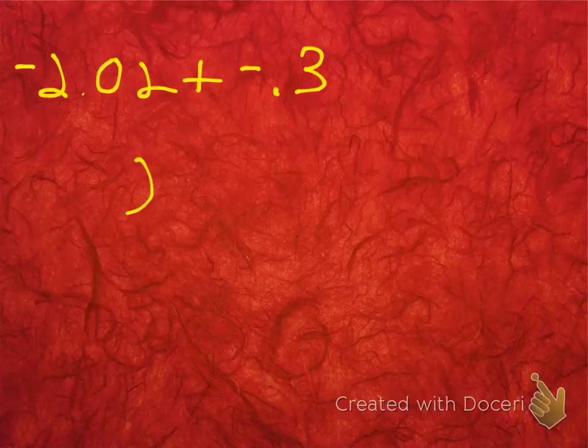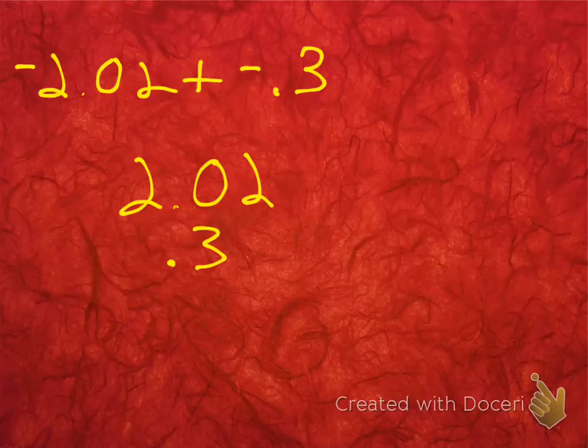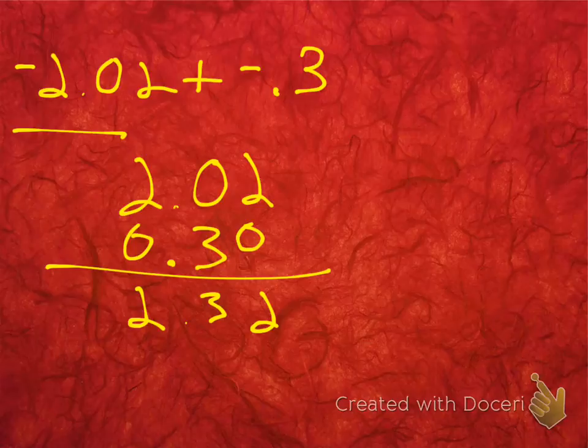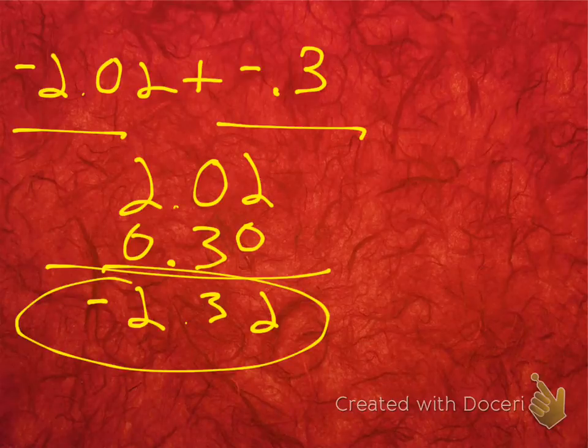So to add these up, I've got to line up my decimal and add filler zeros where I need to. 2 and 0 is 2. 0 and 3 is 3. 2 and 0 is 2. They were both negatives, so my answer is going to keep that sign. Everybody see how that works? So your positive and negative rules still apply here.